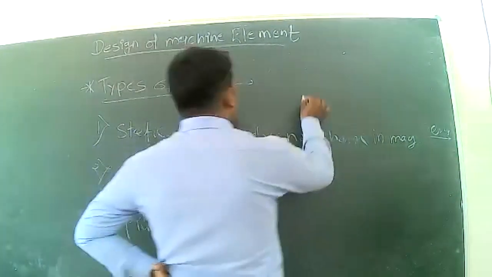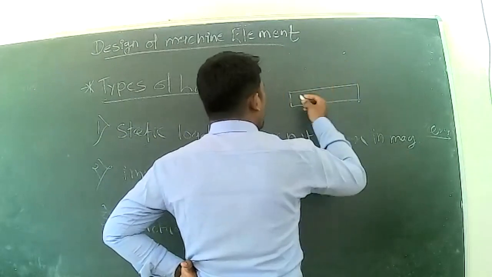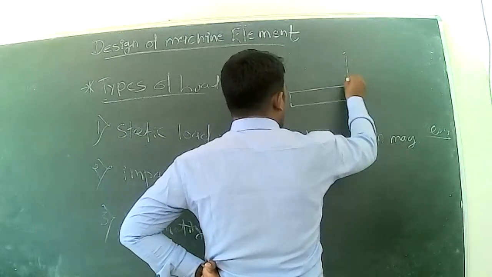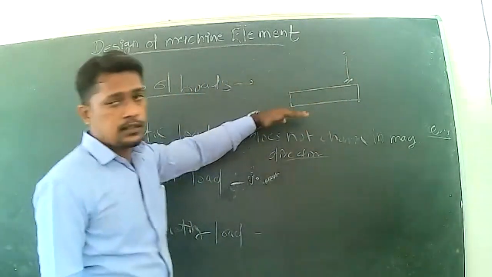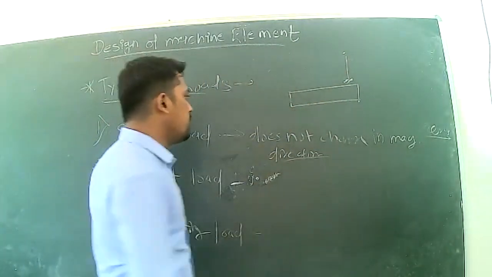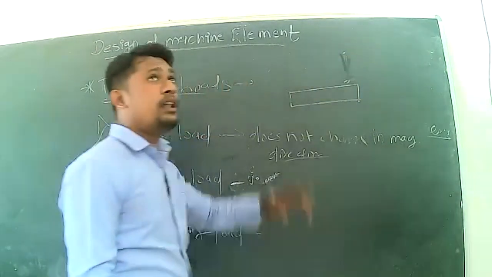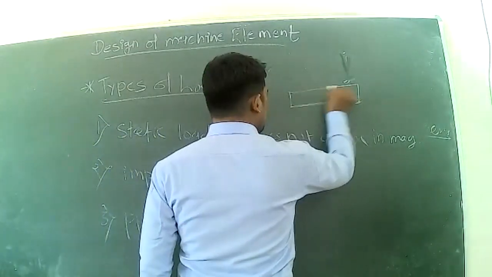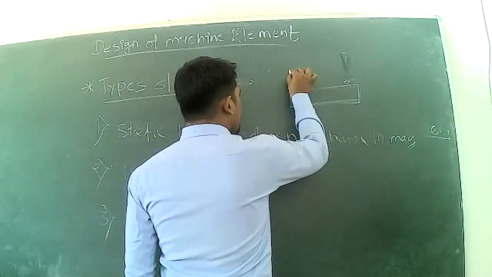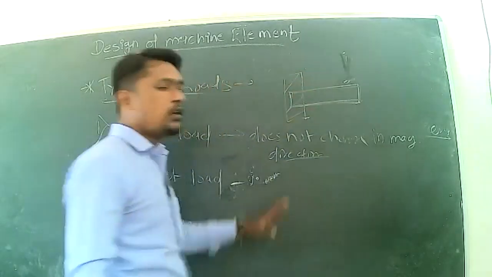An example is load over a concrete beam. We see a beam in our home, or a concrete pillar. The load applied always remains the same. It's called static load.